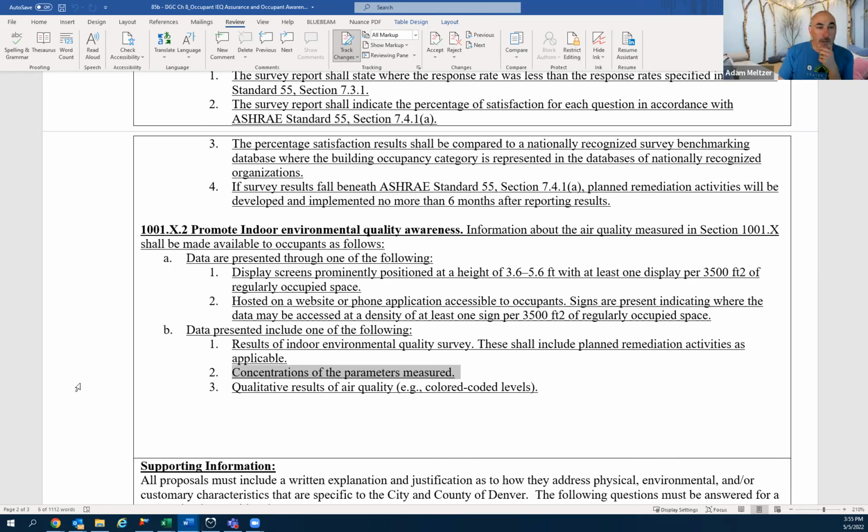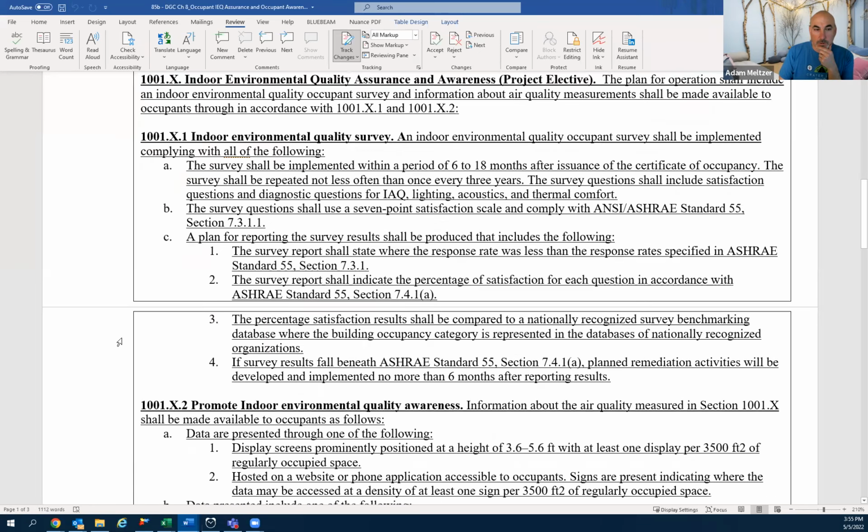Yeah, I'd actually like to lean on Daniel's code language skills a little bit in the section above. If you could scroll up to 101.x.1, C1 and C2.